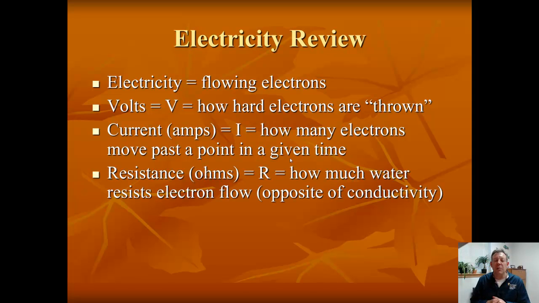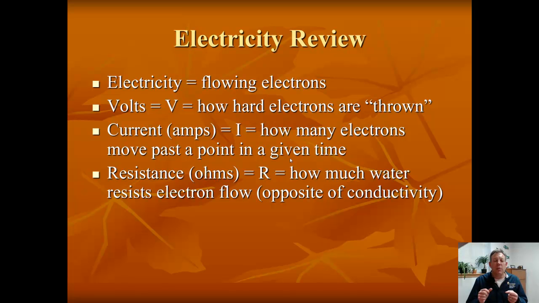The other concept here is resistance, which is measured in ohms, and that is symbolized by the letter R. Well, this is the opposite of conductivity. Okay. So something that has high resistance has low conductivity and vice versa.